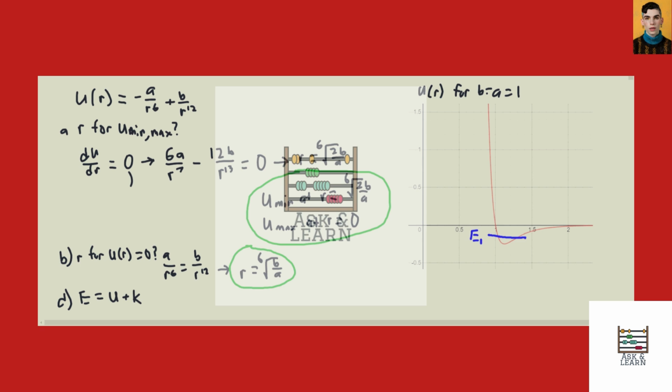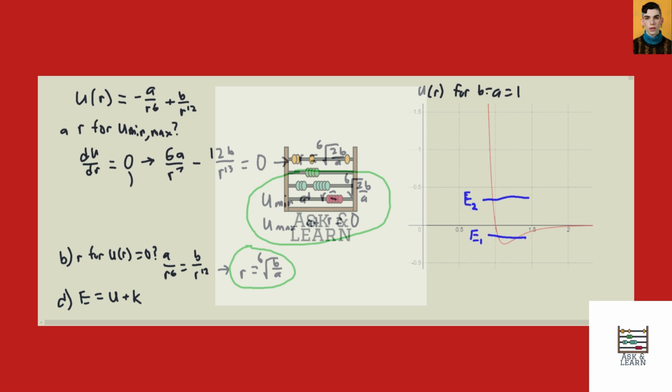And then if we have our E greater than 0, let's say this was our total energy, E2. Now our kinetic energy is always going to be positive as we go to the right on this graph.